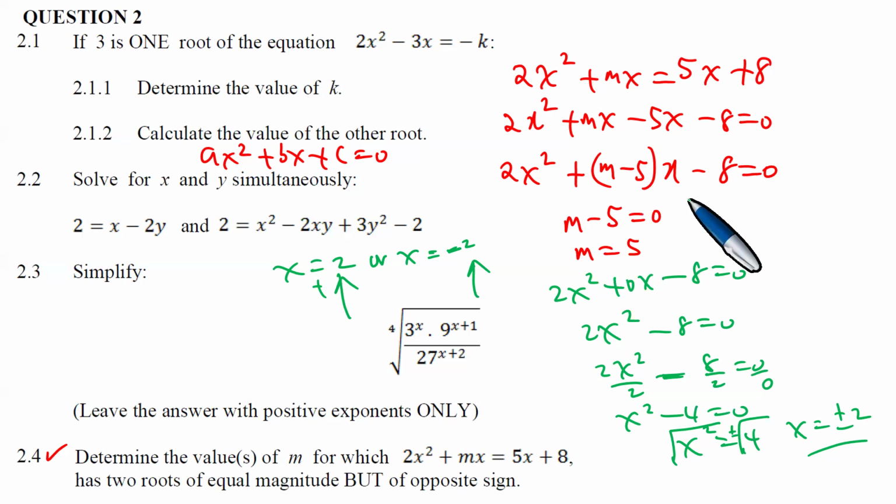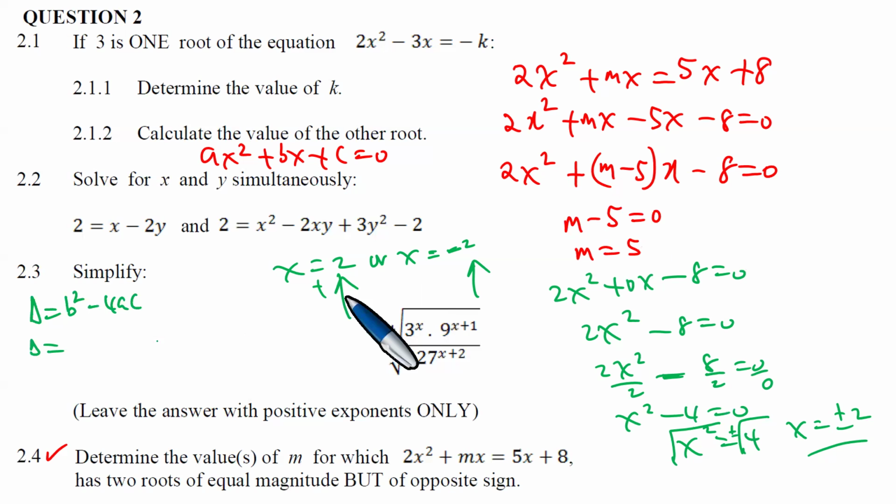So you're supposed to just look at the values of m that can work. The nature of roots can be used, but it's going to be very complicated, and it will give you lots of possible solutions at the end. For example, delta is b squared minus 4ac.